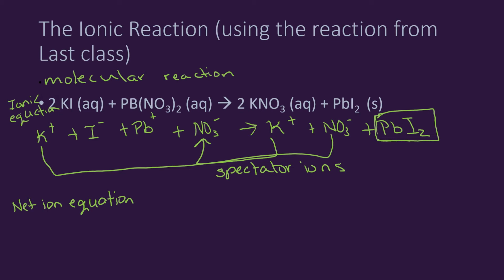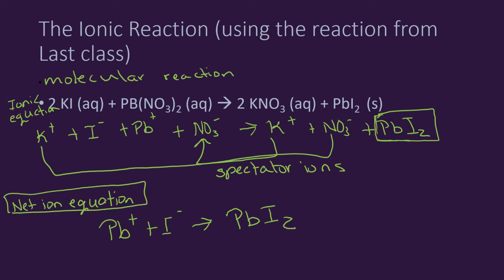Therefore, it looks like Pb plus I negative yields PbI2. So the net ionic equation takes out the spectator ions. The spectator ions are the ones that do not participate in the reaction. They're the ones that stay soluble in water.